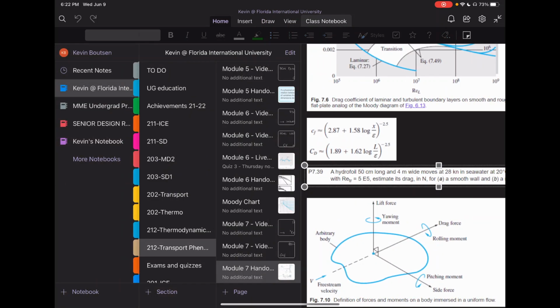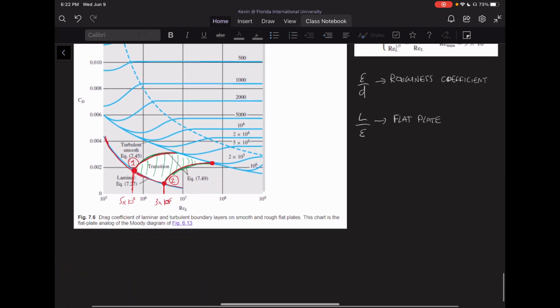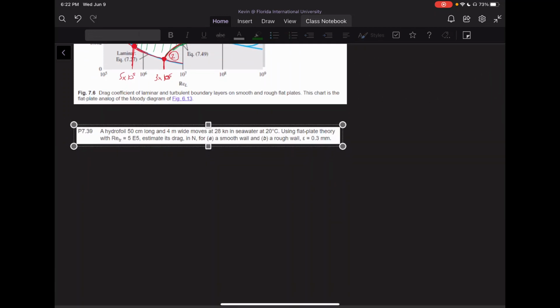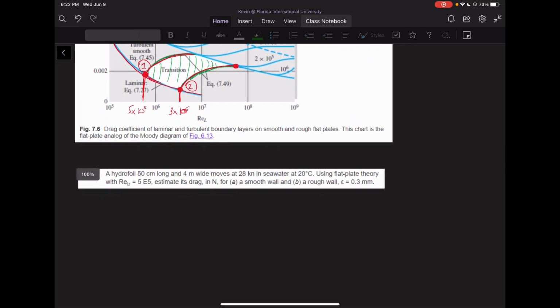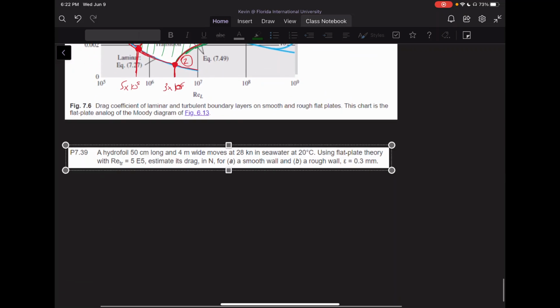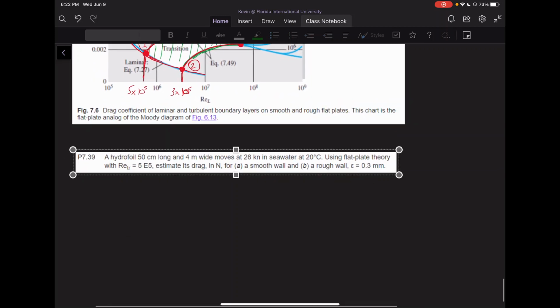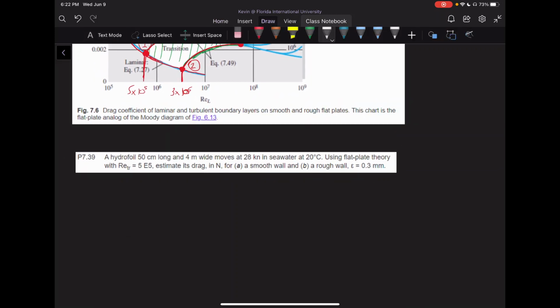We have that a hydrofoil that is 50 centimeters long and 4 meters wide moves at 28 knots. Okay, so this is knots. We'll look at that in a second.